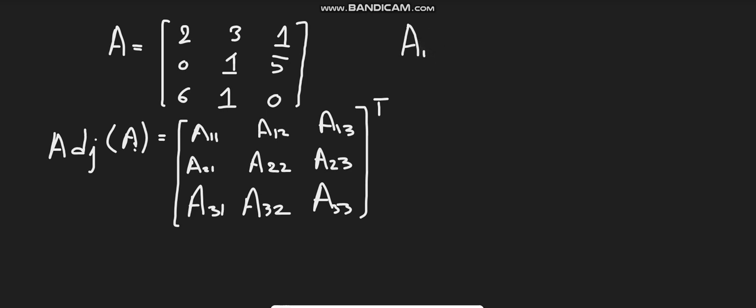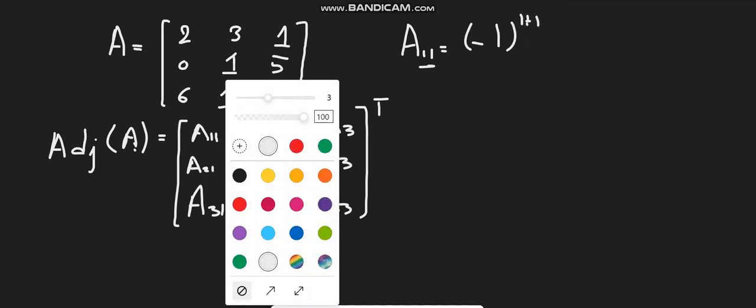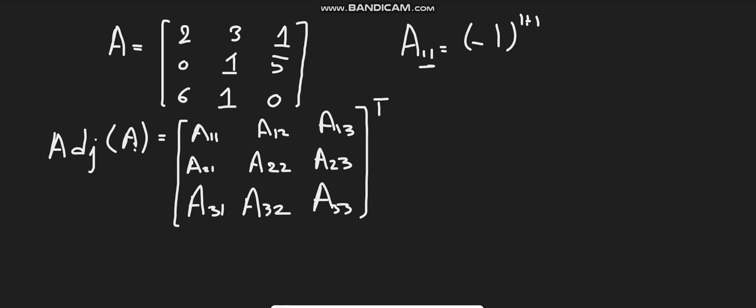So A11 means minus 1 raised to power 1 plus 1, and then you will keep the first row and the first column. Excluding the first row and the first column, what you will have is 1, 5, 1, 0.